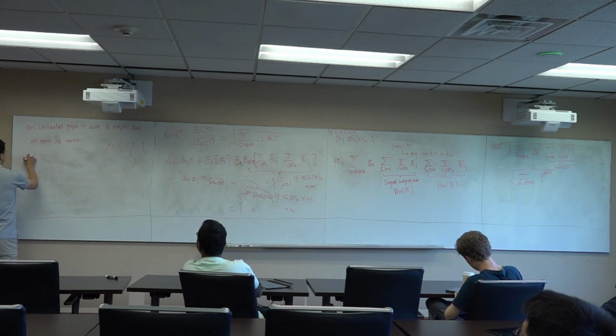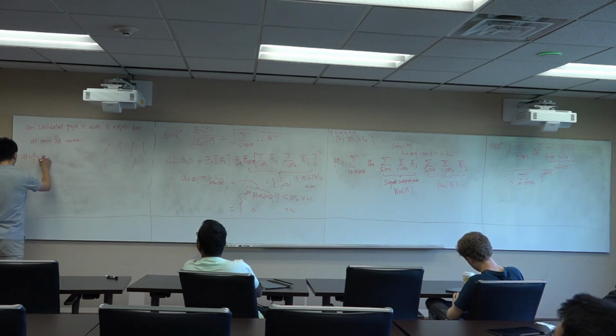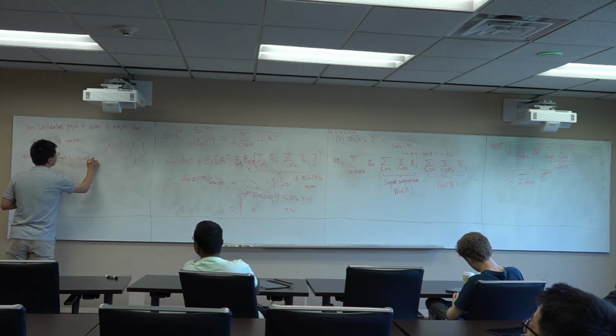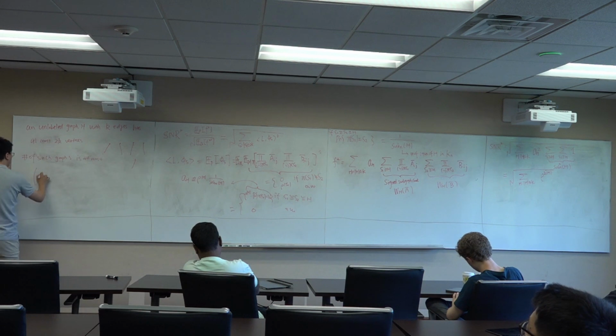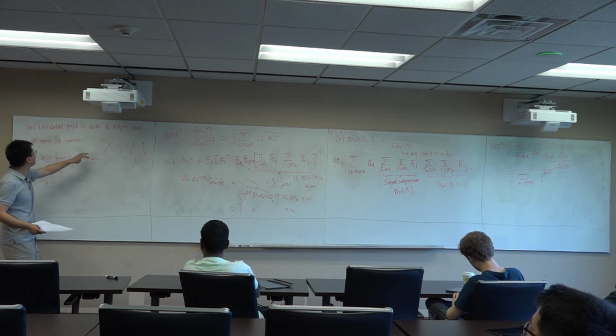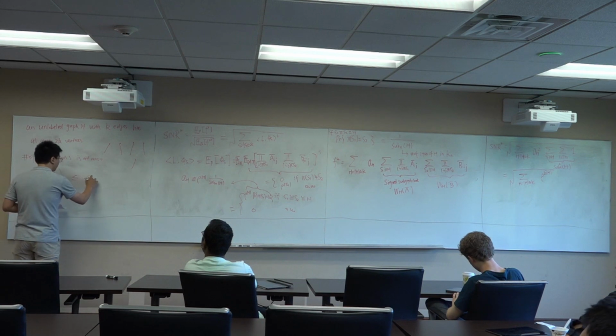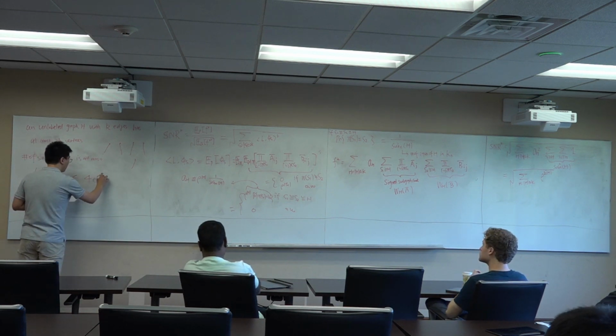Based on this, you can get an estimate of the number of such graphs. It's at most 2k choose 2 possible pairs to choose from, and you want to choose k of them. Does it make sense? Because you have 2k vertices, they have at most 2k choose 2 pairs that can possibly connect them, and you want to connect k of them. So that's the upper bound. If you do a little bit of algebra, this is roughly upper bounded by (4ek)^k.